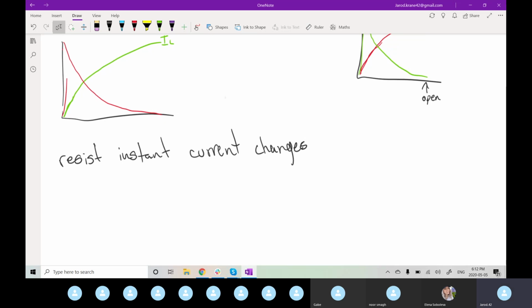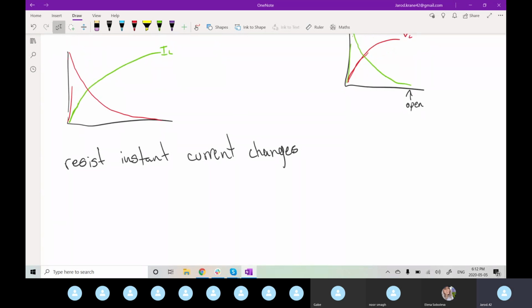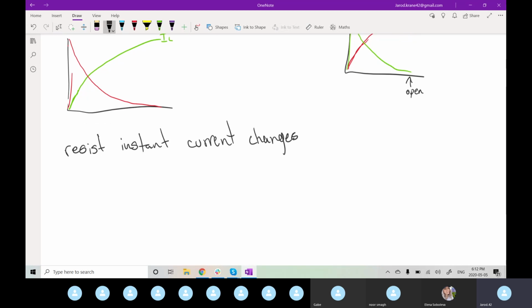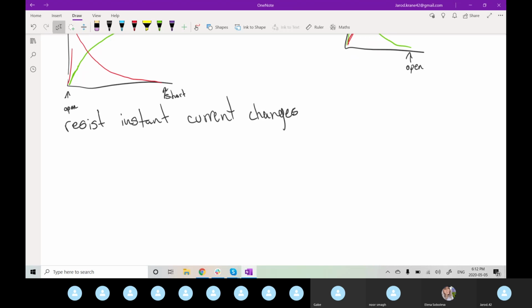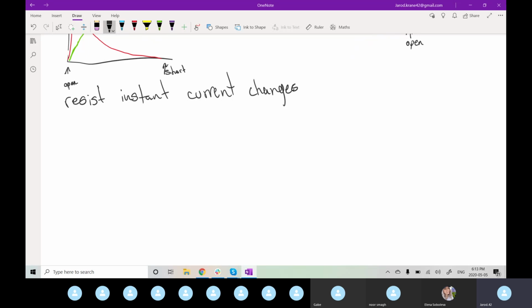So this can be seen as it starts as an open circuit and gradually goes to short, which will cause voltage drops across the inductor to be massive at the beginning and allow no current to pass through, and then over time it'll eventually drop to allow current flow properly.